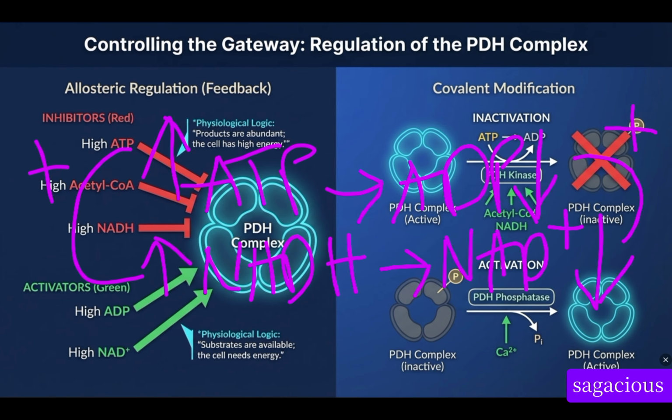Whenever there is high ATP, it signifies there is high NADH, and whenever there is high NADH, it signifies there is high ATP. Whenever there is high ADP, it signifies that there is low ATP and high NAD positive. And whenever NAD positive is low, it signifies that ADP is also low, NADH is high, and ATP is high. Don't forget this formula.